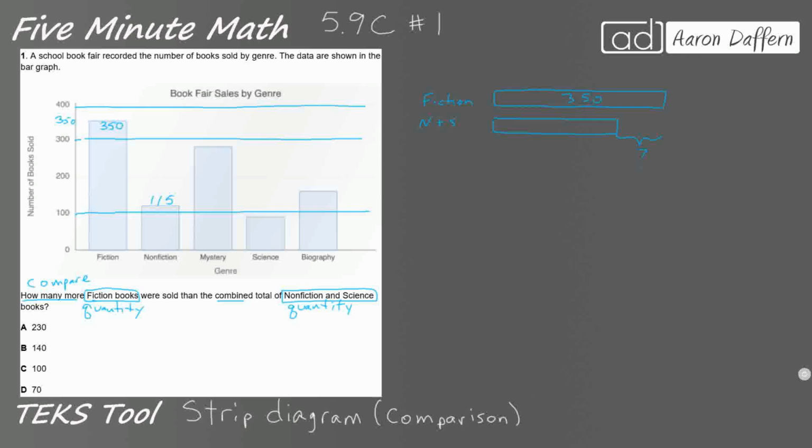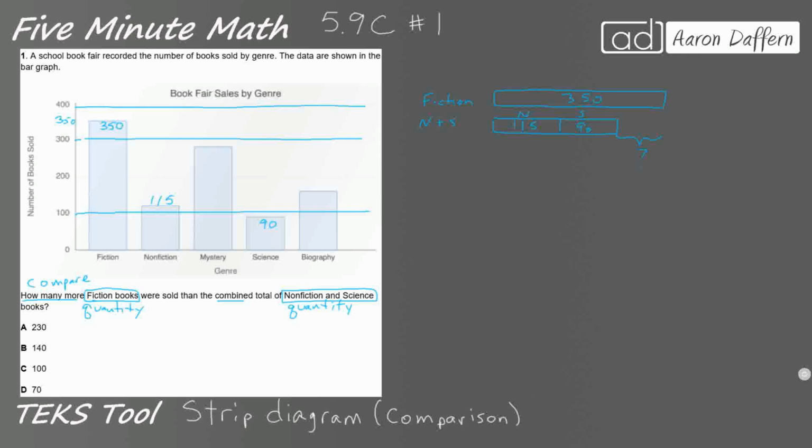So my nonfiction looks like it's going to be about 115. Then my science looks like it's going to be below 100 and just a hair below. We'll call that 90. All right, so I'm going to split this right here, and I'll say here's my 115, and that's going to be my nonfiction. And then my science is 90. And there we go. There's my strip diagram.